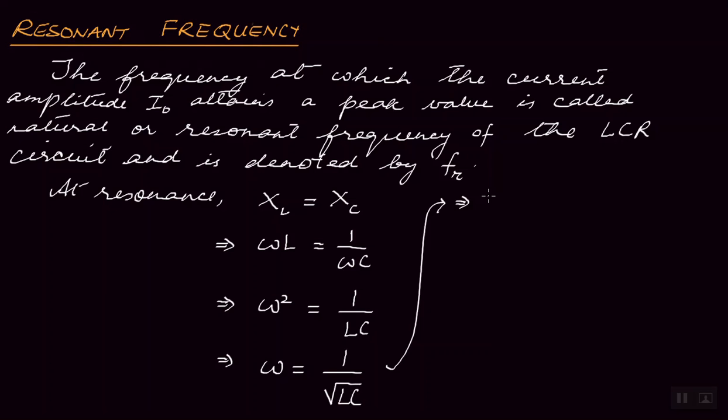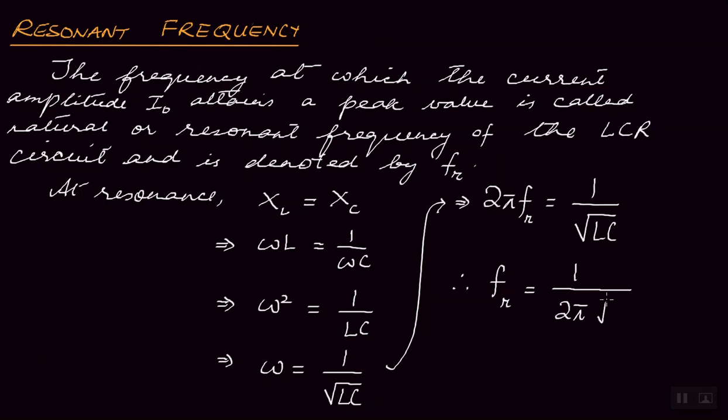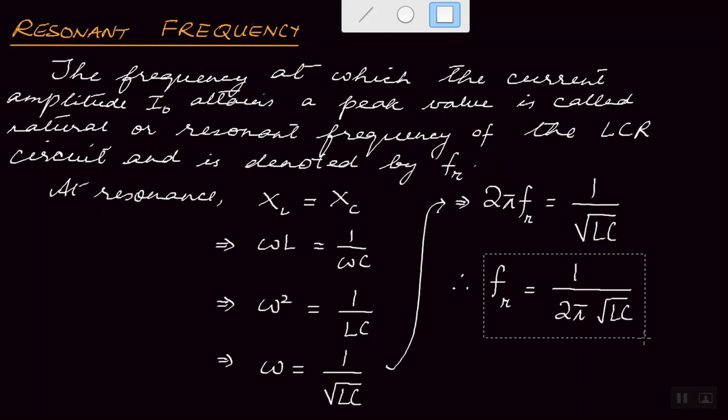But we know that omega is 2 pi F. Now since this is the resonant frequency, I'm going to put a subscript R here, just to indicate that it is the frequency at resonance. So therefore FR is equal to 1 by 2 pi root LC. This is the expression for the resonant frequency.